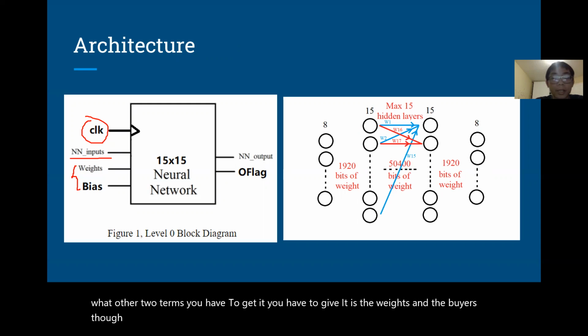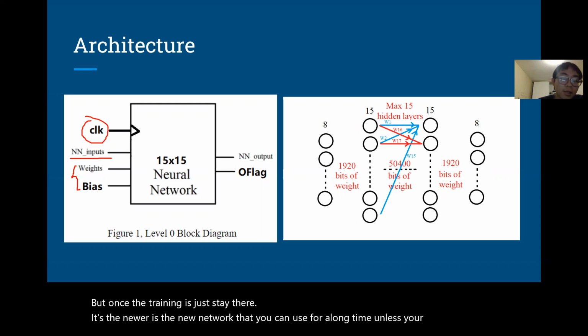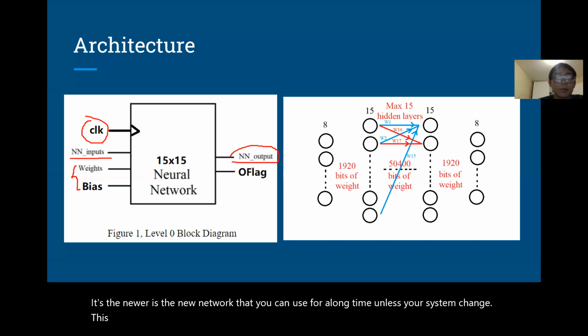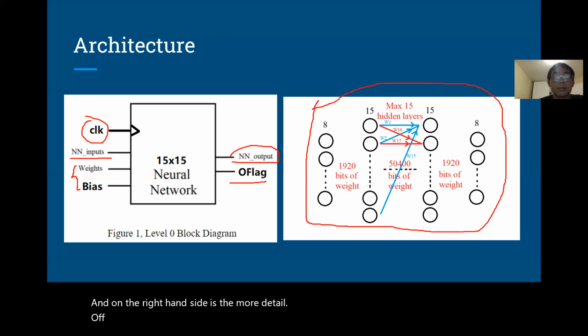For those 2, you have to train them somewhere else in software and then put them into this hardware. But once you train it, it just stays there. It's a neural network that you can use for a long time unless your system changes. And this block is going to return you the output and the output flag, which tells you the output is ready.